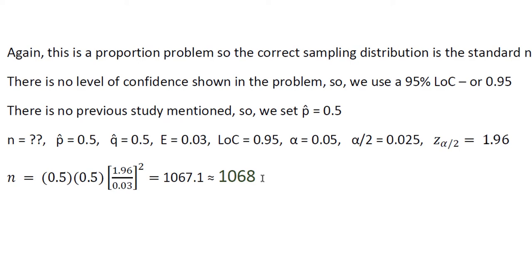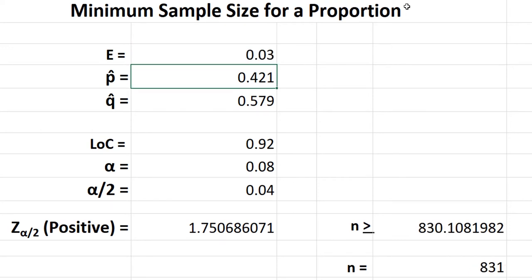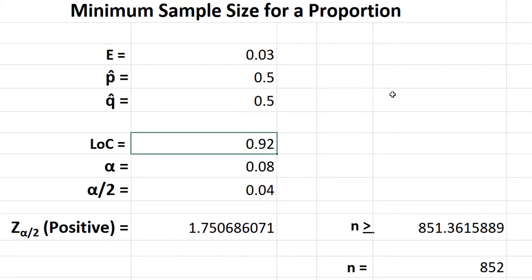Let's see how easy this is to do on a spreadsheet. E, well, we stated that was 0.03. P hat, that was not given to us in the problem, so that will be 0.5. And then Q hat populates with 0.5 as well. Level of confidence, not given in the problem.